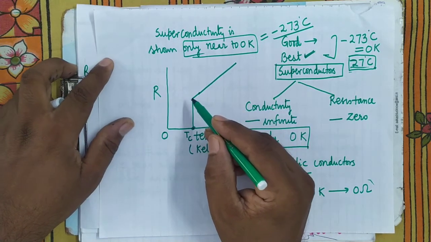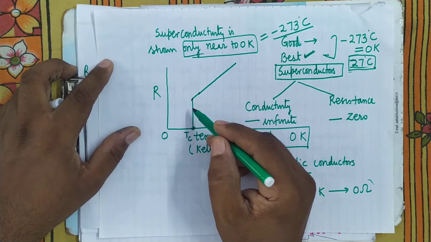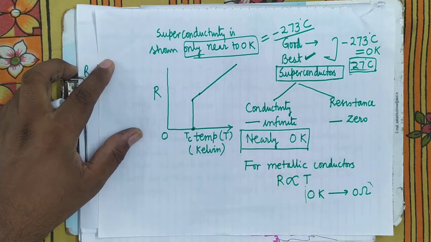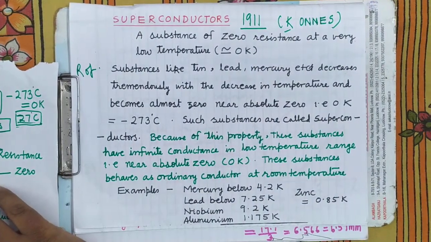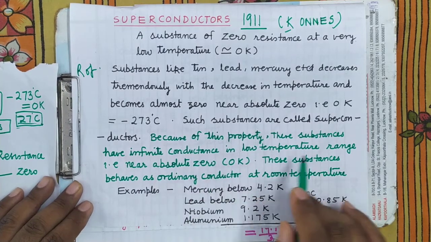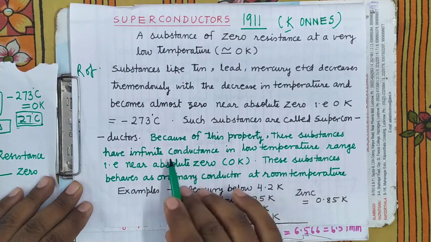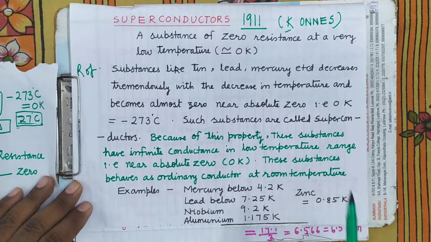When temperature reaches the critical temperature, below that it abruptly decreases and becomes 0. So because of this property, the substances have infinite conductance in low temperature range. Conductivity is infinite, but resistivity and resistance will be almost 0.